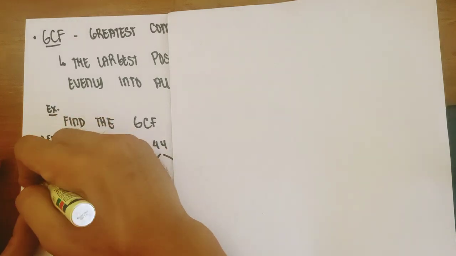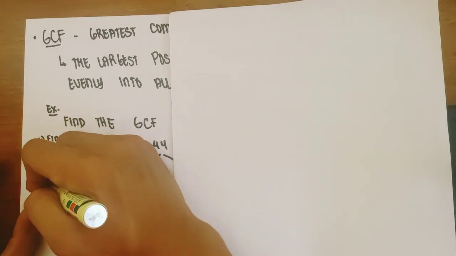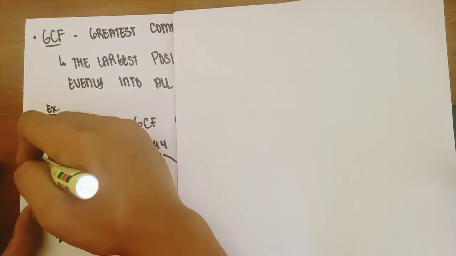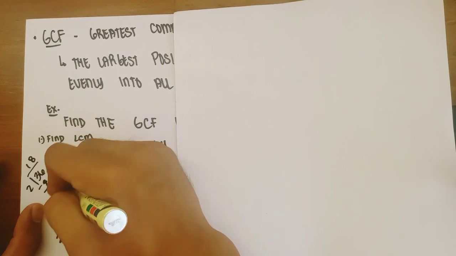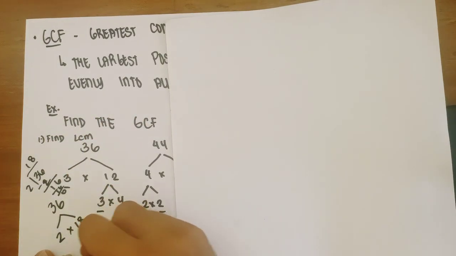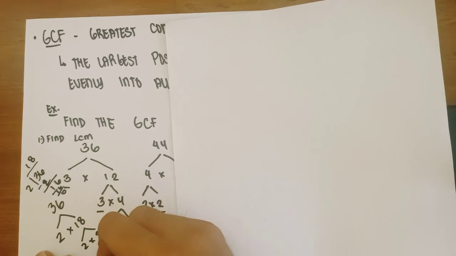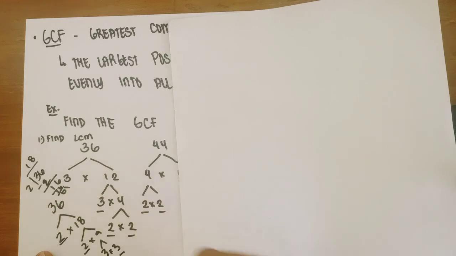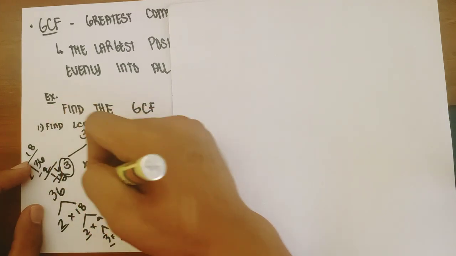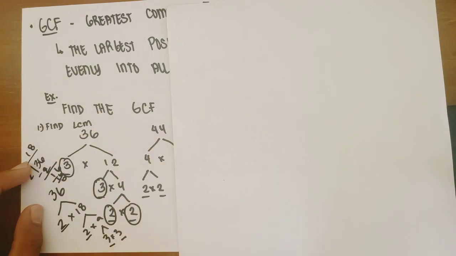To find that, 36 divided by 2 is 18. Diba? 18, 2 times 9. 9, 3 times 3. So, meron tayong 2, 2, 3, 3. Diba? Same lang naman yun, 3, 3, 2, 2. So, kanya-kanya strategy na lang din yan.